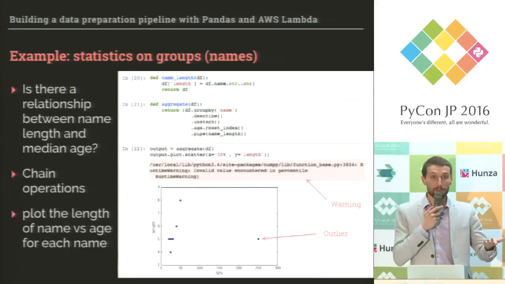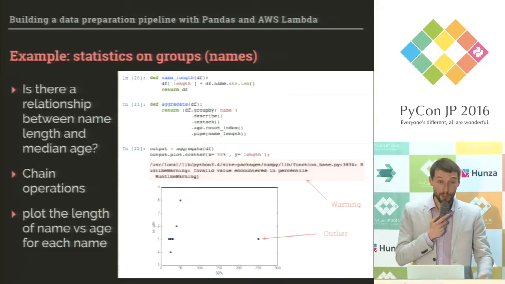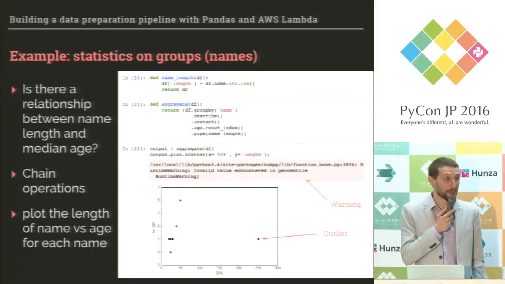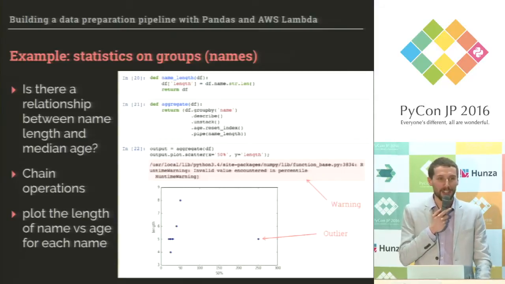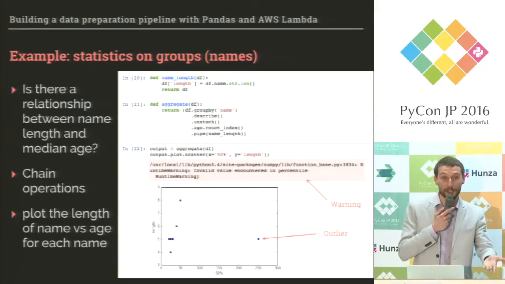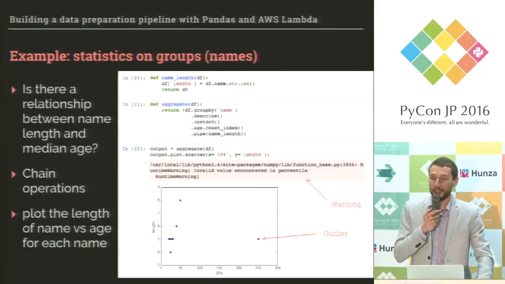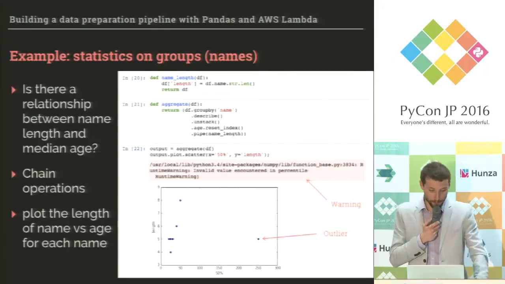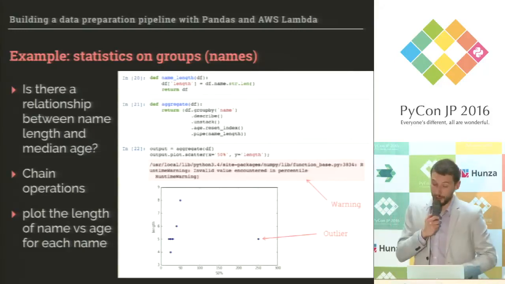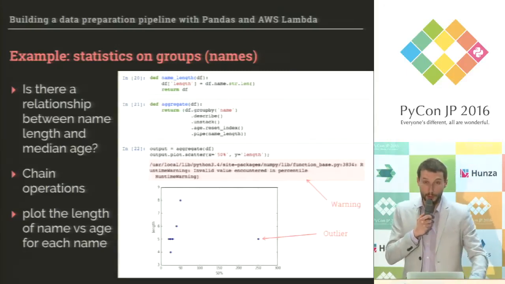Then let's try to do some interpretation of that data. For example, one question we may have is, is there a relation between the length of names that people are giving to their children, and how old those people are? It means that over time, there's a trend of using long or short names. So what you can do with Pandas is easily chain operations.